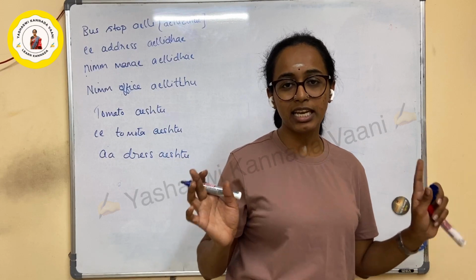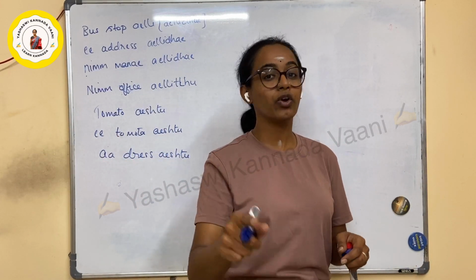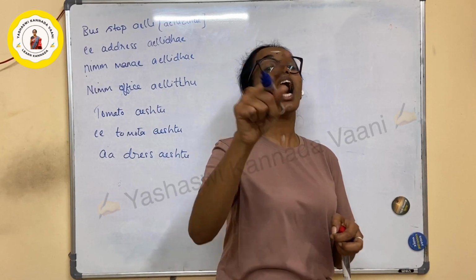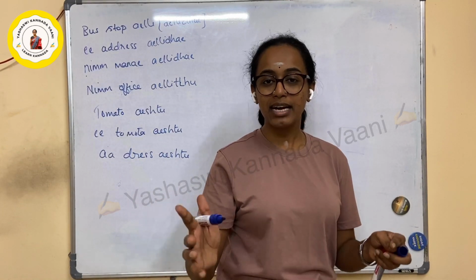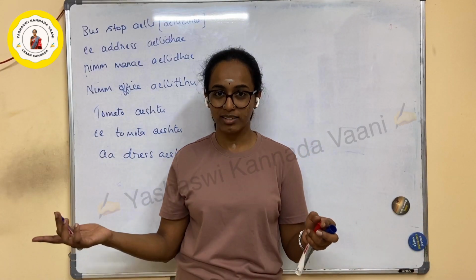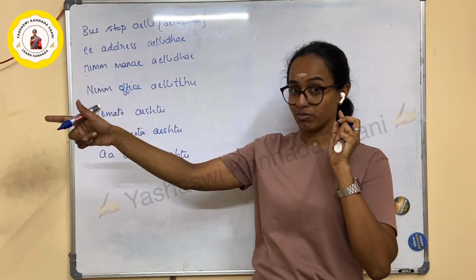Point at that object and say ideshtu, adeshtu. If you are not taking the object name, then say adu, idu. If you are taking the object name, then say a or e, not adu and idu. Then you can simply ask idli eshtu. That is also right. If there are many idlis, then you would say a idli eshtu.